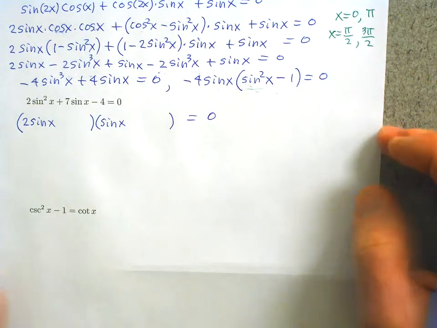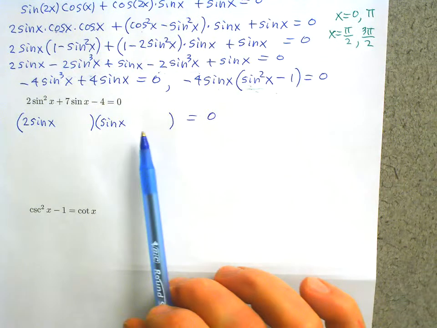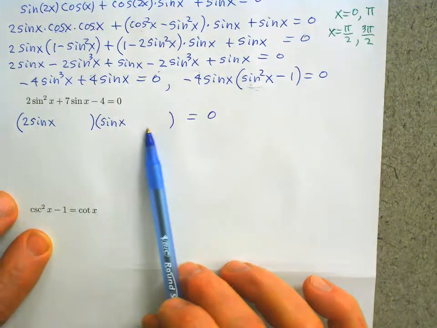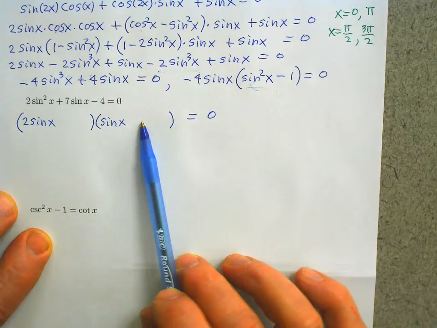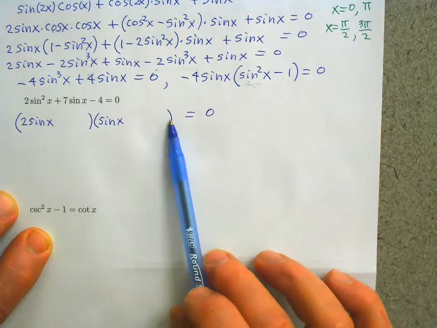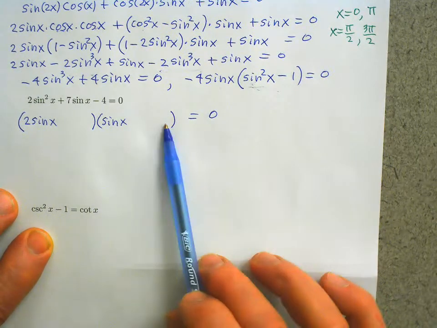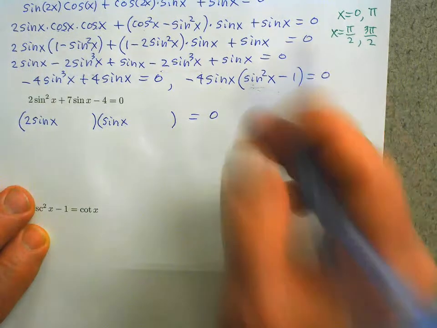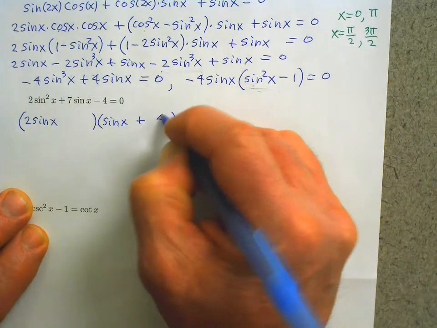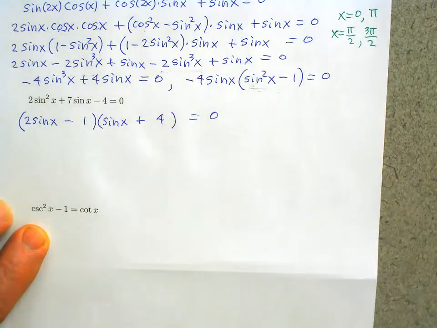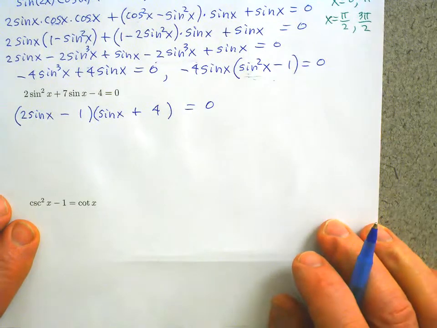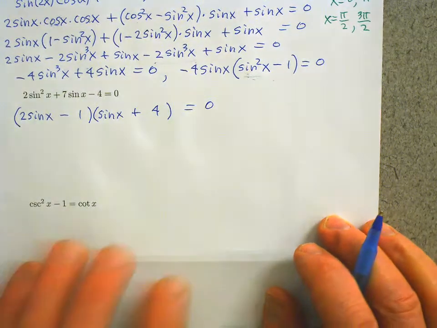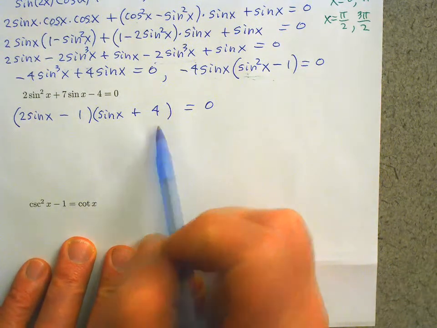And let's see if this is plus 4 and minus 1, that'll get it for us. Plus 4 and minus 1. So you can verify if it works or not.